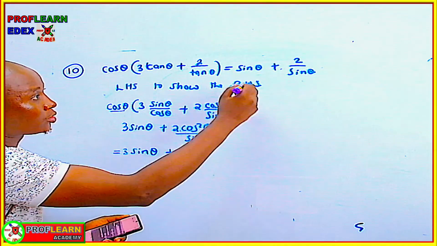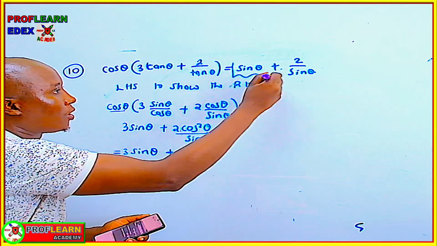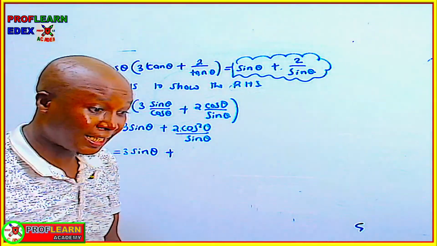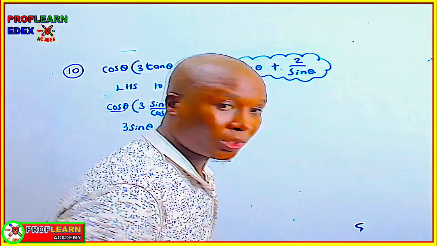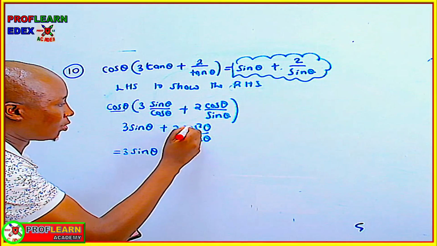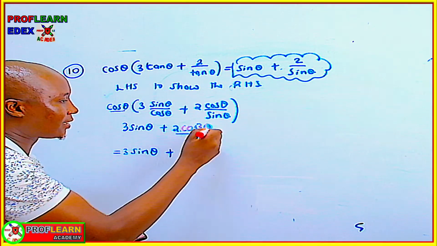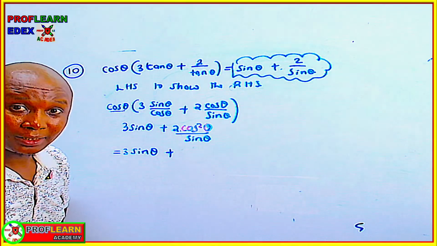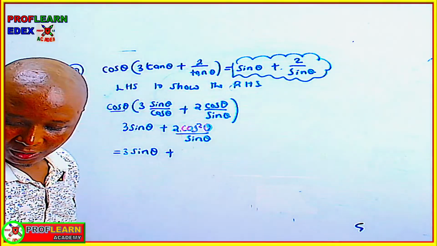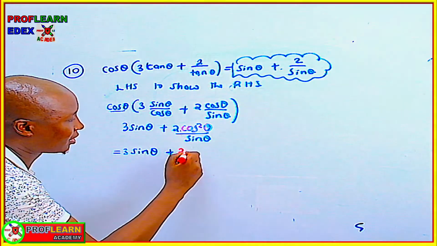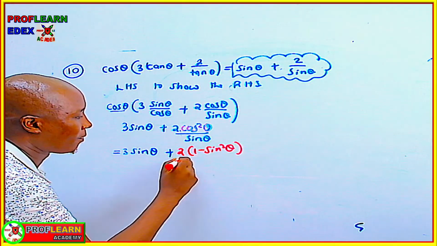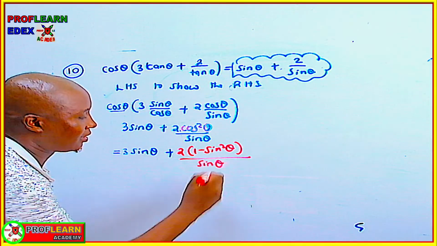Whatever we want to show on the right hand side doesn't have cosine anywhere, so we can comfortably change this cos squared theta to sine. What can it be expressed as?